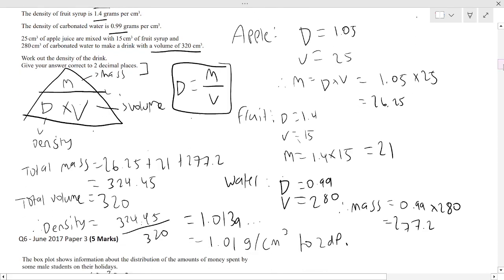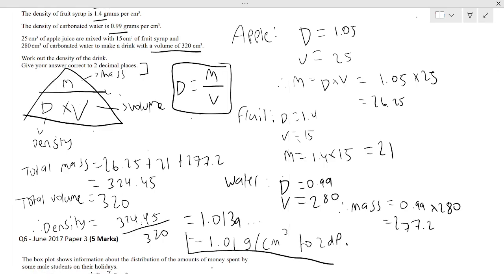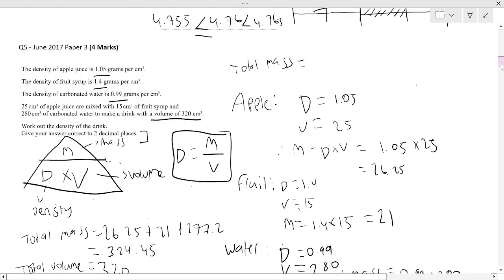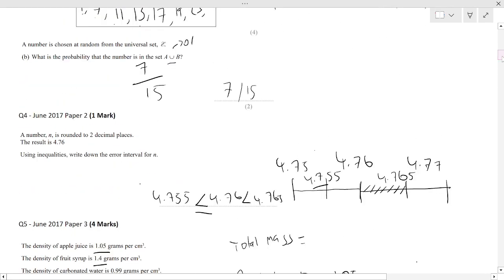That's why I'm checking. So the density of 1.01, the overall at the end. So that's question 5, G27. 1.01. Yeah, cool. The error interval. 4.755 to 4.765.